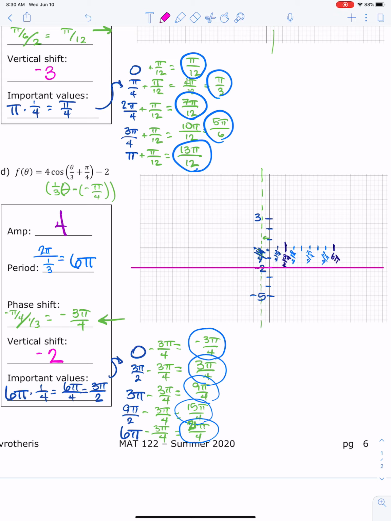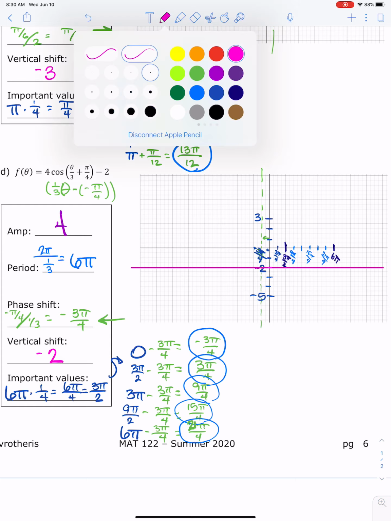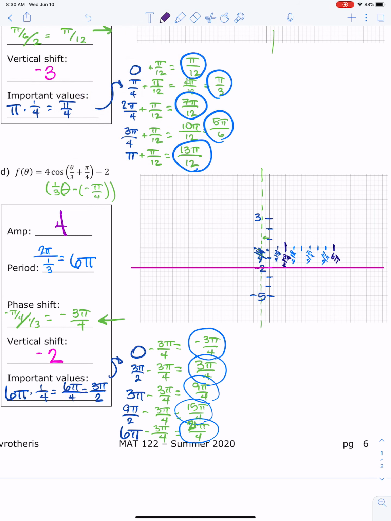Okay, so this is cosine. This starts above the midline. It hits the midline at those middle values. So I'm going to go ahead and plot those. So this one and this one, these are on the midline. Those would be our zeros.